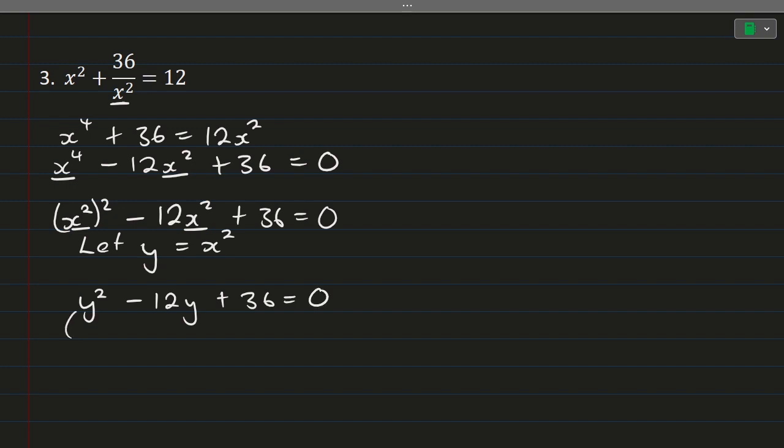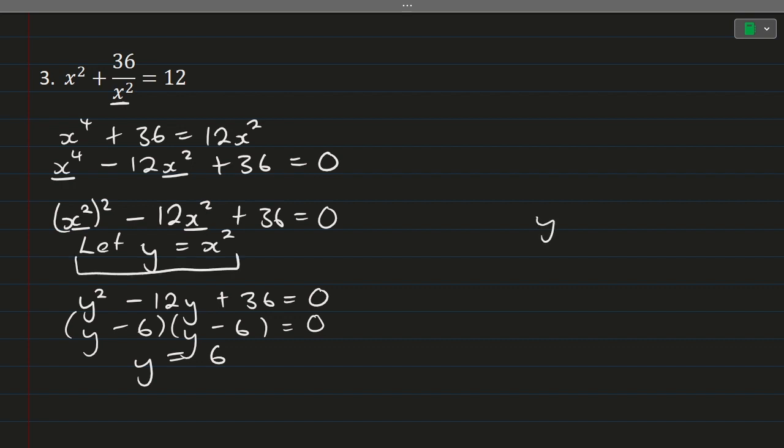Let's factorize the quadratic. So that's -6. So y is equal to 6. Now let's go back to our statement here. We said y is equal to x squared. So we know that y is 6.